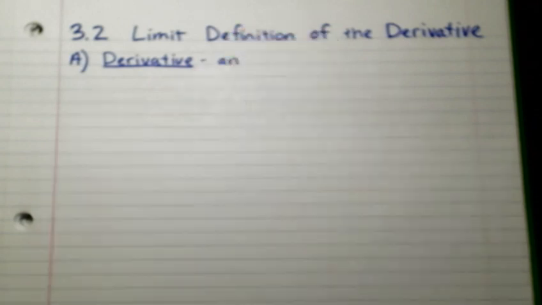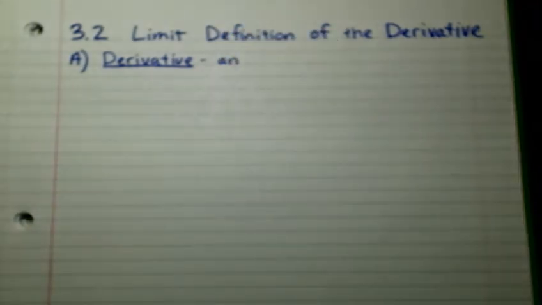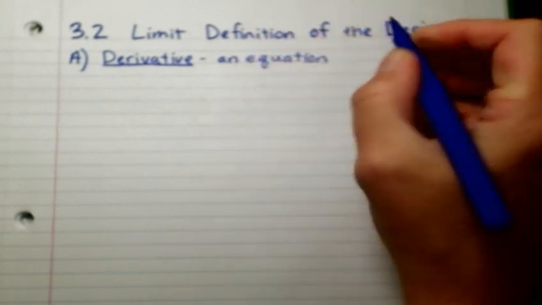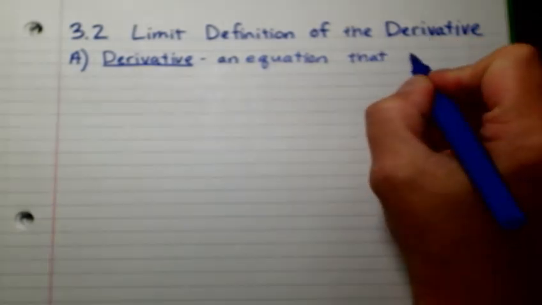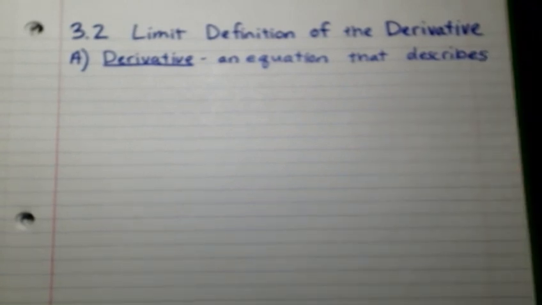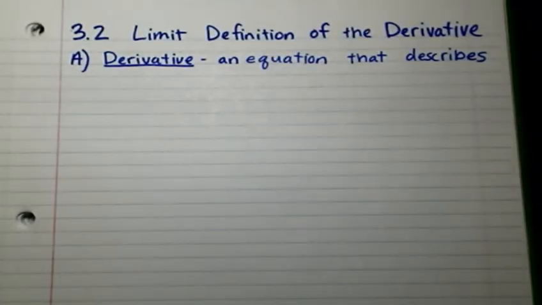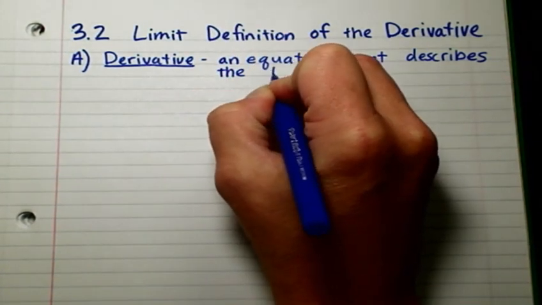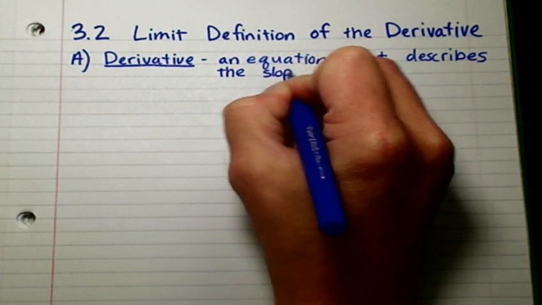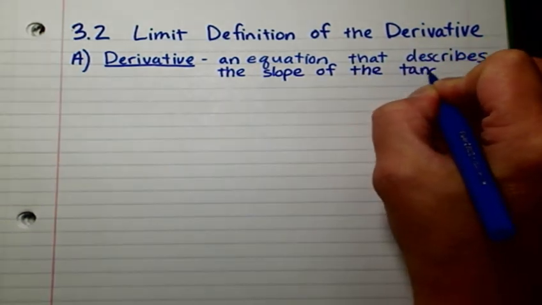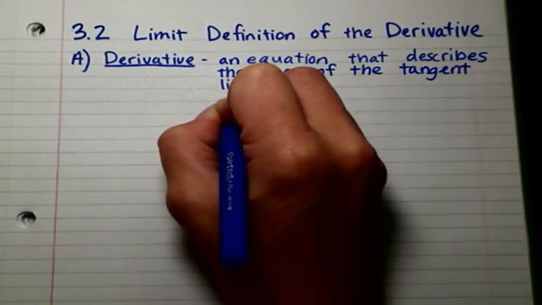Which is an equation that describes the slope of the tangent line.